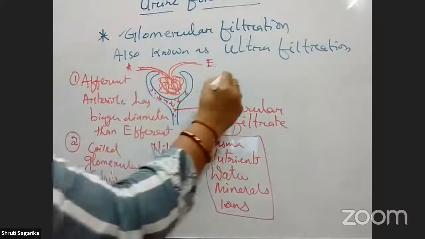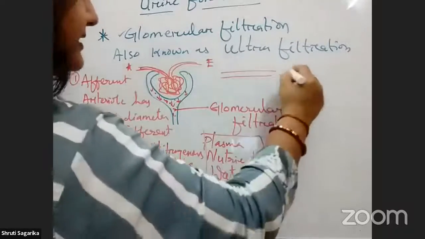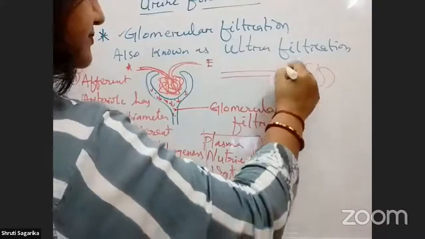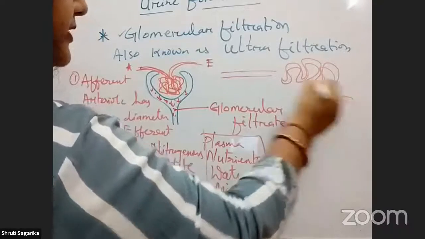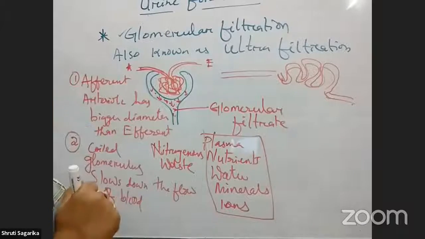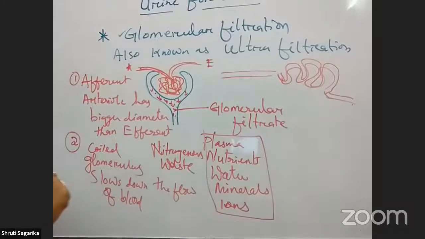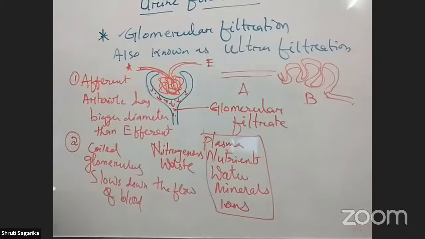Suppose if I draw here, this is one blood tube, okay, and this is another blood tube. Okay, tell me where the blood flow will be faster. This is tube A, this is tube B. Which tube will the blood flow be faster in?